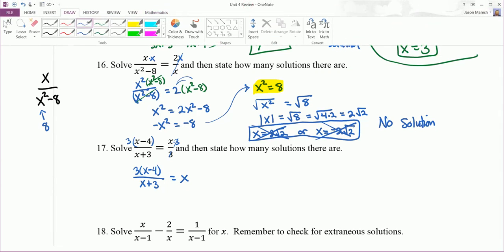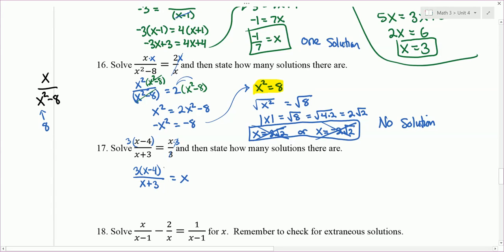I want to get rid of my first fraction. I'm going to multiply by x plus 3 on both sides. That allows me to cancel out that fraction, and we now have 3 times x minus 4 is equal to x times x squared, which is x squared, and x times 3 is 3x.